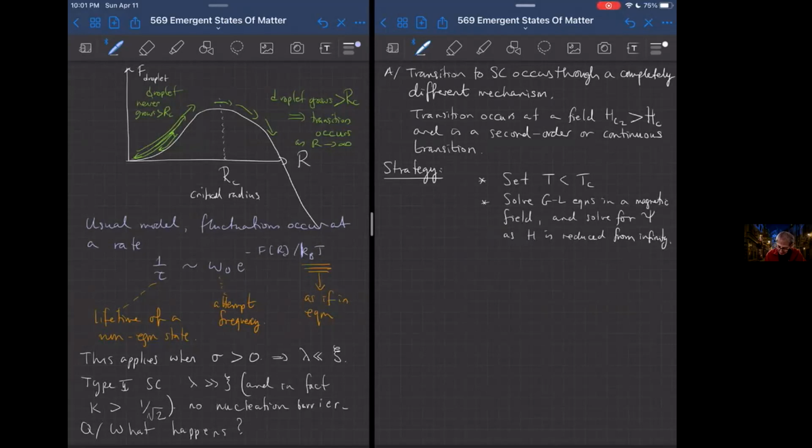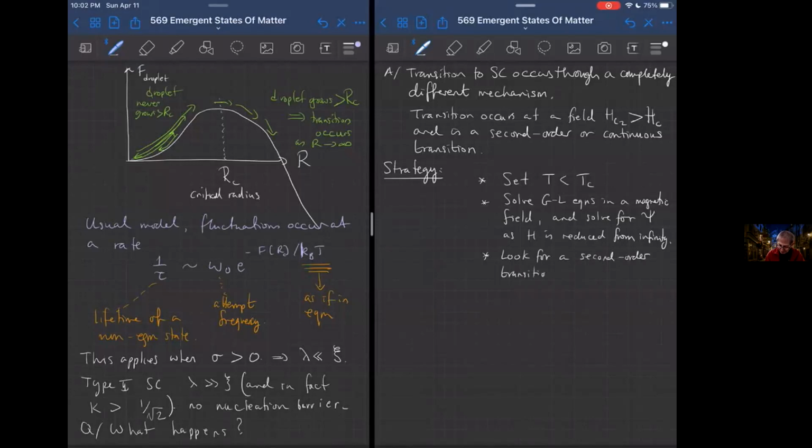And we're going to already know that there's going to be a second order phase transition, because the nucleation barrier has disappeared. So we suspect there's going to be a second order phase transition, and we're going to look for it.